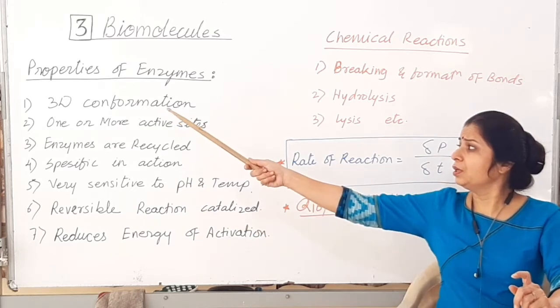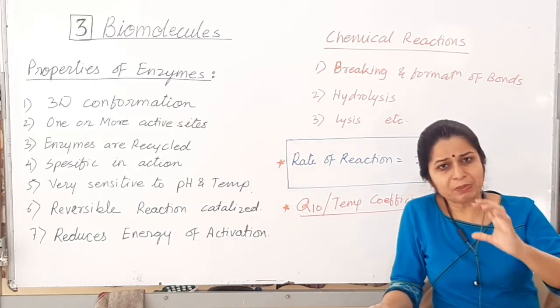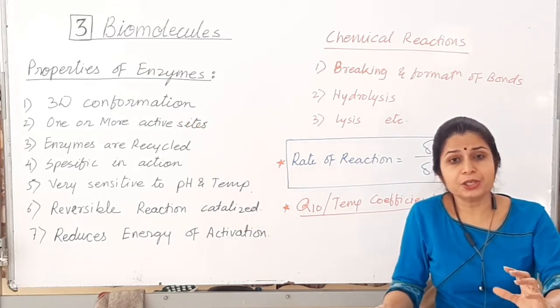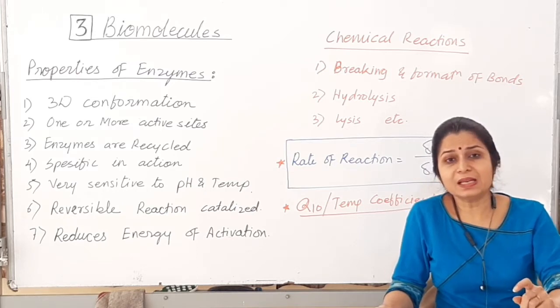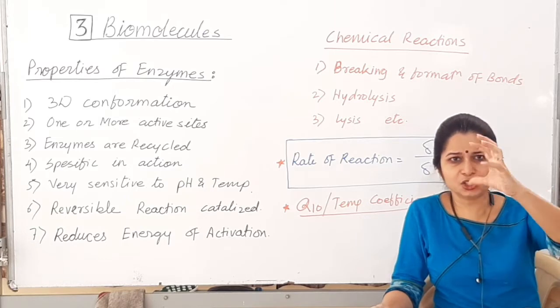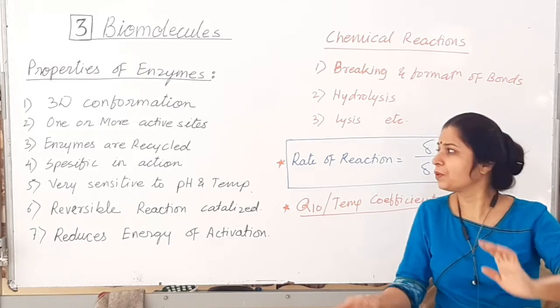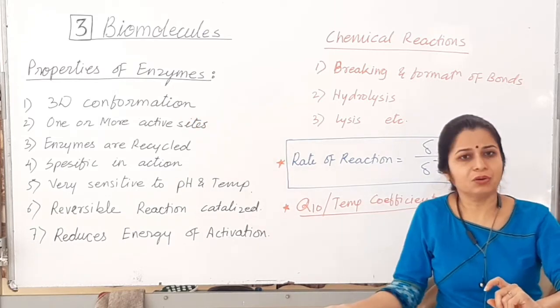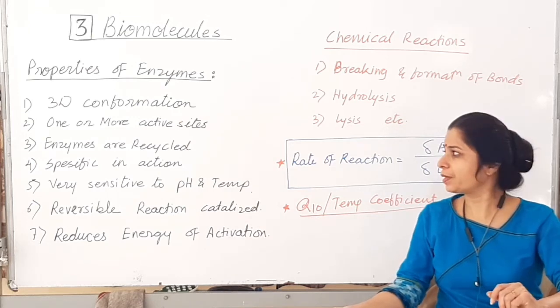So here what is that? Protein has 3-dimensional structure. So it is generally tertiary when working as enzyme. They are having XYZ axis पे वो coiling वाला structure रहेगा. So they are having 3D configuration.